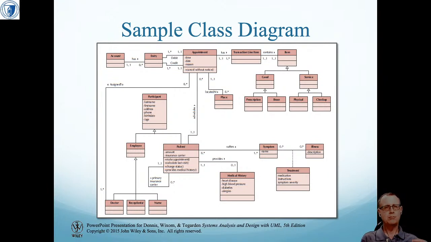And I would probably, the first thing I'd take off this diagram to simplify it are the inheritance relationships, and have a separate diagram for the employee, or the participant inheritance diagram, and a separate diagram for the item inheritance hierarchy.